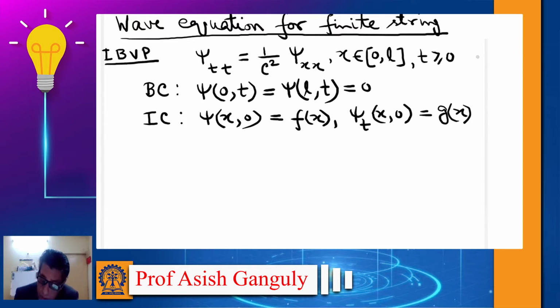Let us label it as 1A. This is 1B, the BC, and 1C, the IC. So that we can refer to it as problem 1.